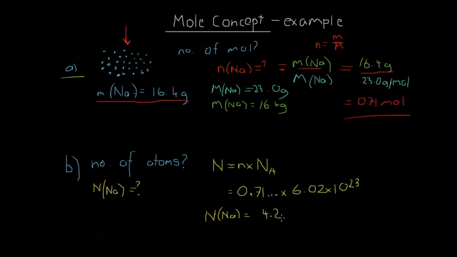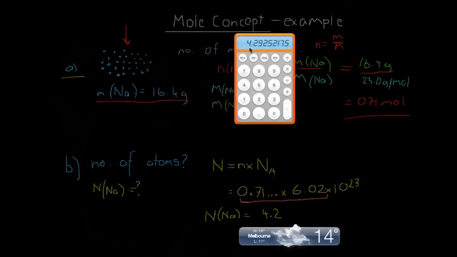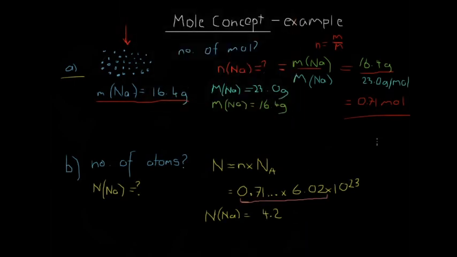I've put this part into my calculator and left the 10 to the 23 out. Often you still need to put the 10 to the 23 in, but in this case it comes out as 4.29, and we keep the times 10 to the 23. So it's 4.29 to 2 decimal places times 10 to the 23.